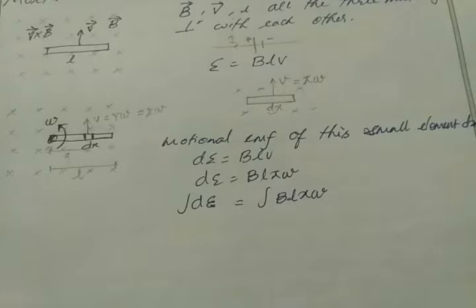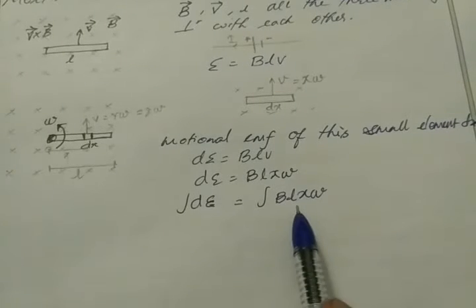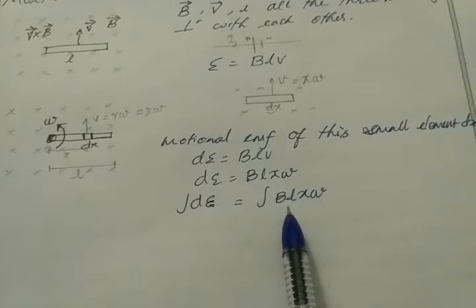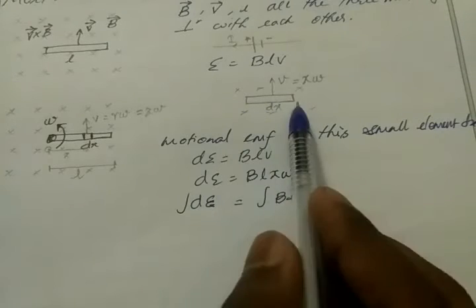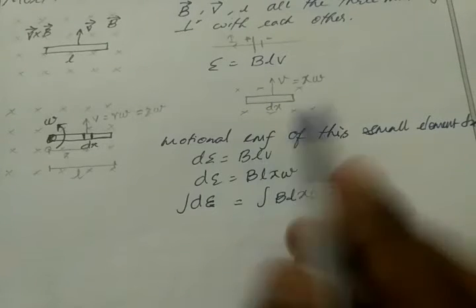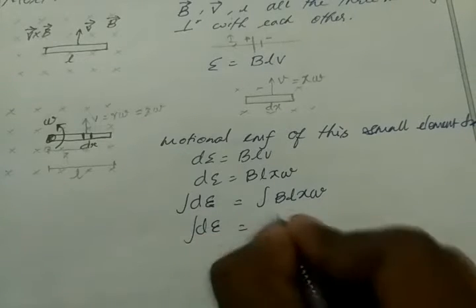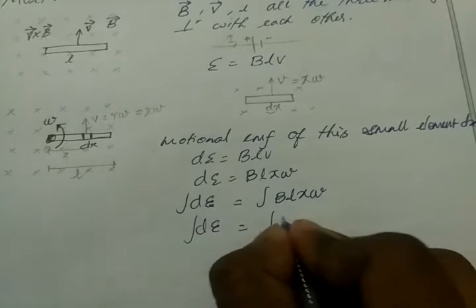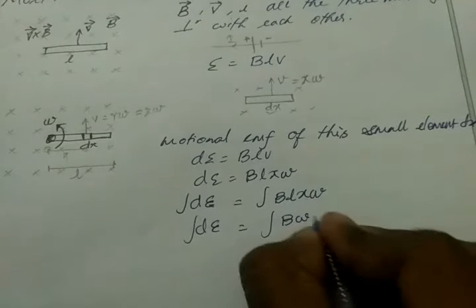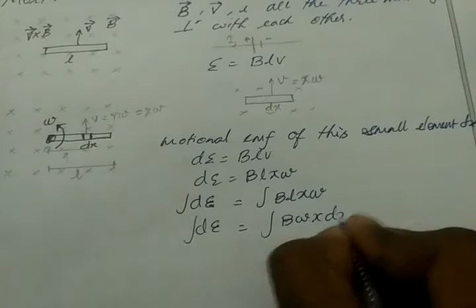Here, what is L actually? L means the length of the rod. The length of the rod we have taken as dx, the small portion. So I can further write dE equal to the integration of B omega x dx.